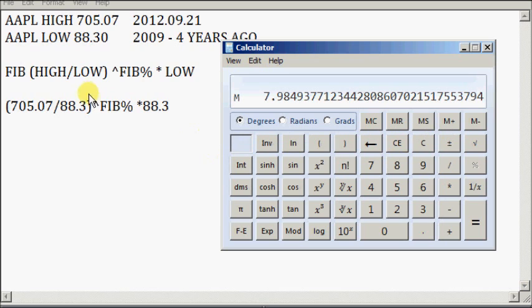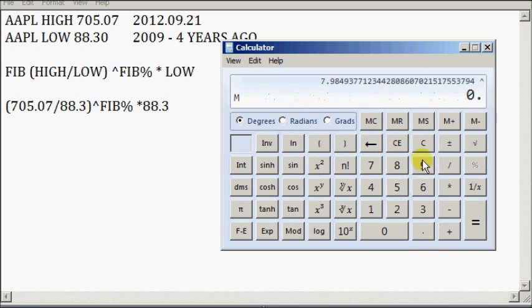Holding 90.9% is the same as retracing the 9%. So what we'll do is put this to the power of 0.909. If you're wondering how I come up with this number, you take the 61.8% Fibonacci percent and keep on multiplying that number by 61.8, and that's really how you get the numbers.